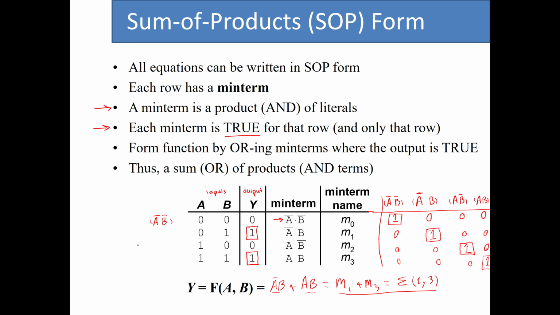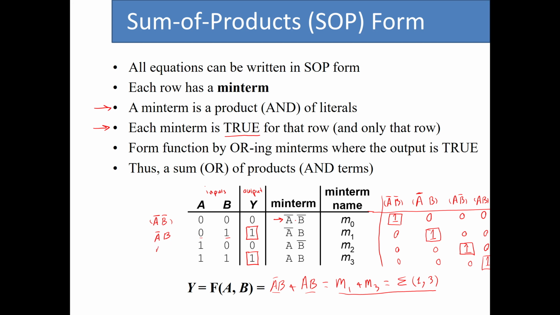Of course, for a 2-input case, this can be more obvious, but to avoid writing all the minterms all the time, this is a good shorthand solution. So anytime that you see a variable with 0, you use its complement. Anytime you see a variable with 1, you use the variable itself. So this is the minterm associated with the second row.